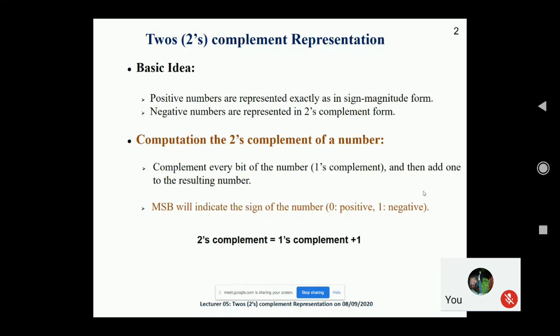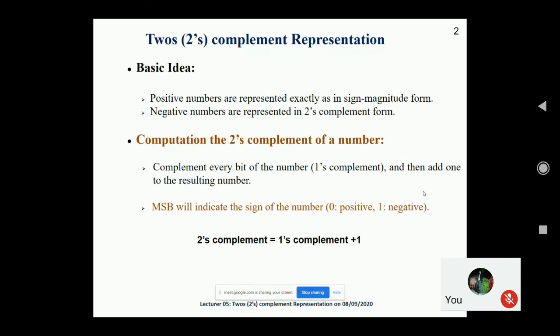The next point is computing the two's complement of a number. You know the complement means just the opposite of a particular object. That is the general definition of complement. When we apply the complement in binary digits, you already know the ones complement form.